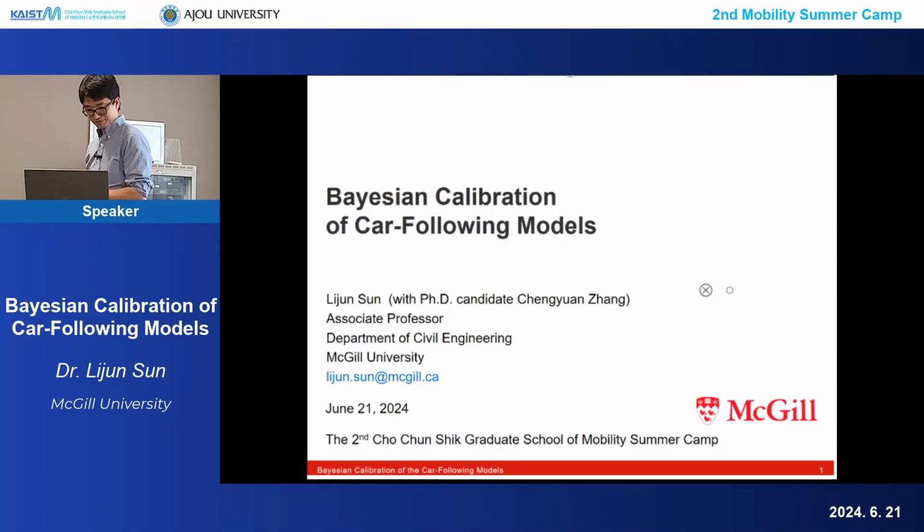I don't have it here, but in these two papers, both available online, you can see our calibration is actually not based on this assumption. In the real-world scenario, we don't really observe acceleration, because what we observe in the trajectory is only the location, right? So we have to do another layer.